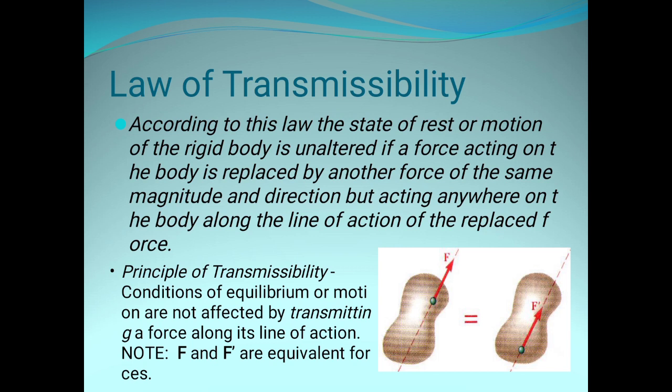We can see the first diagram and also the second diagram. The force acts somewhere on the rigid body, its line of action is extended, and in the second diagram it acts at another point on the same line of action. So there is no change in the force acting at different points on the same line of action. They are mentioned as F and F dash, which are equivalent forces.